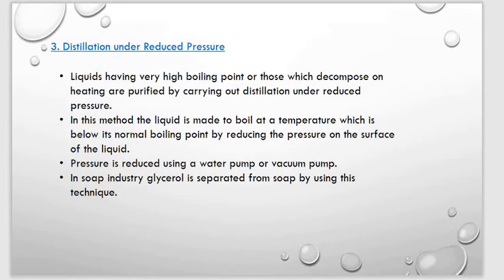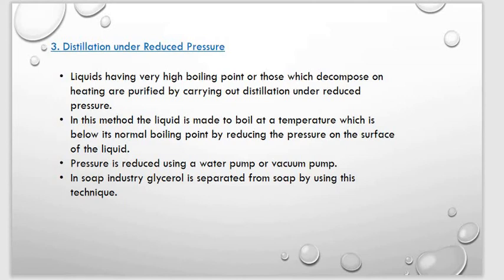Now, distillation under reduced pressure. Liquids having a high boiling point, or those liquids which decompose on heating, are purified by carrying out distillation under reduced pressure. In this method, the liquid is made to boil at a temperature below its normal boiling point by reducing pressure on the surface of the liquid.